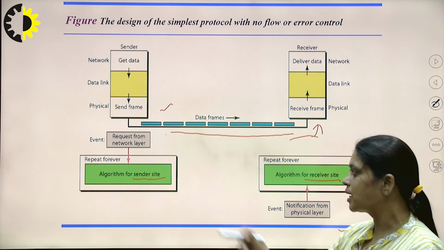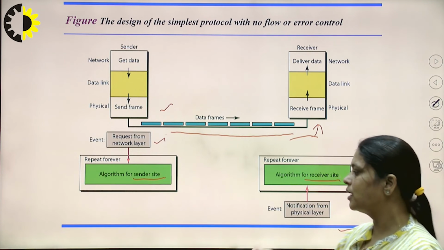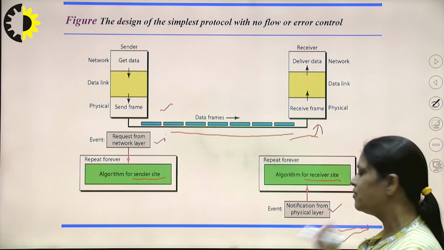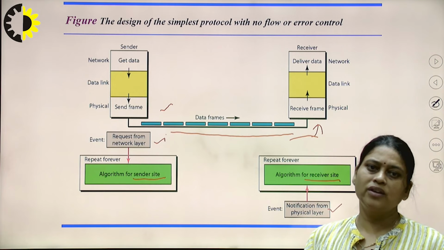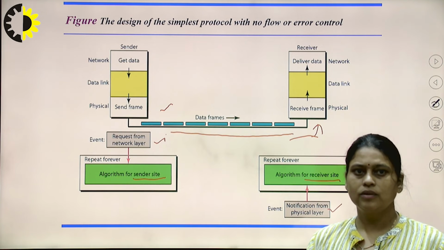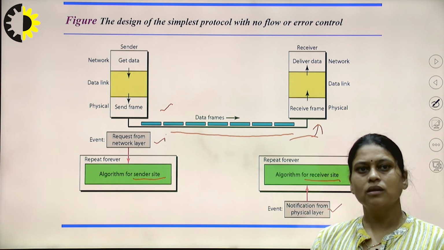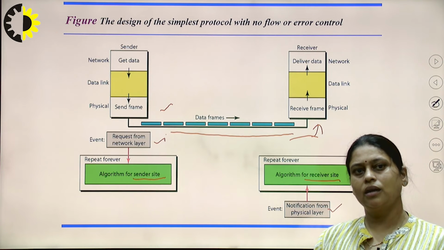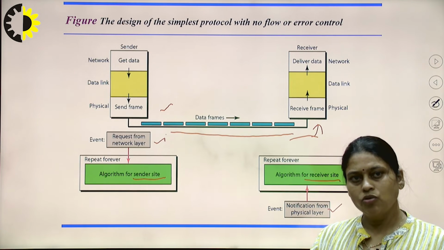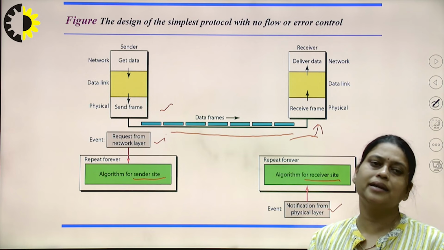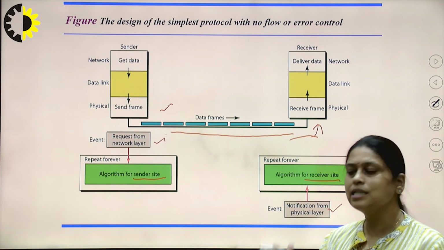The event at the sender side is a request from the network layer, and the event for the receiver side is a notification from the network layer. We send the total number of frames from source to destination without knowing the channel capacity of the network. This is the simplex method.